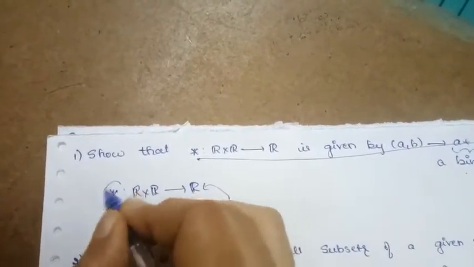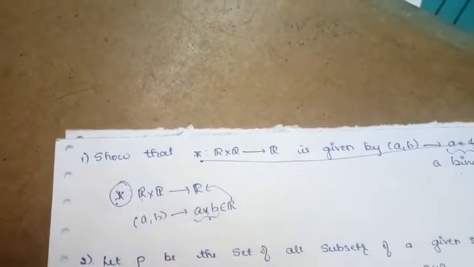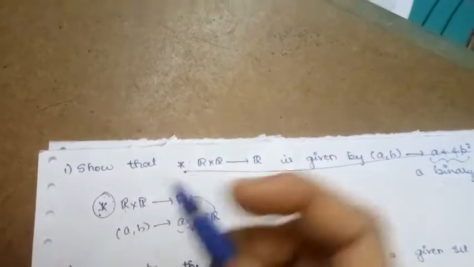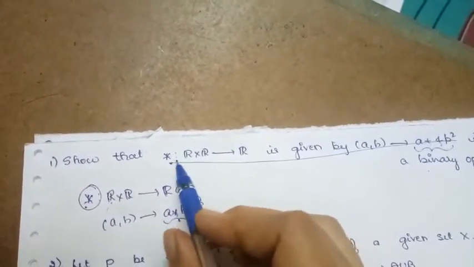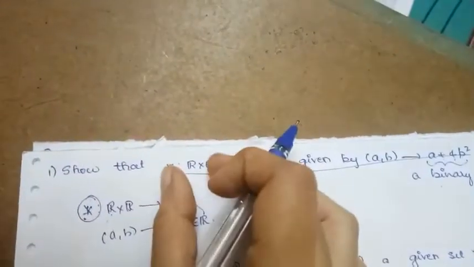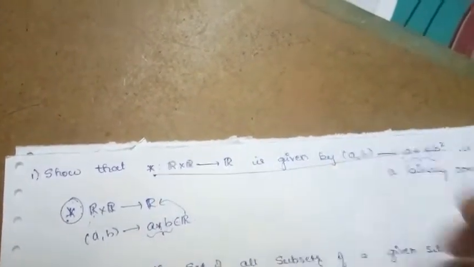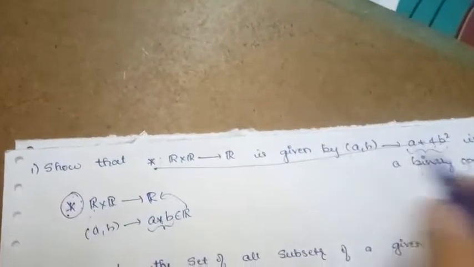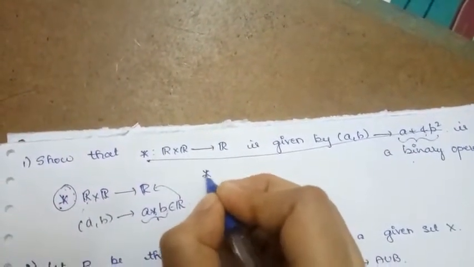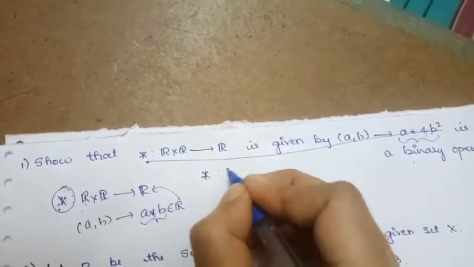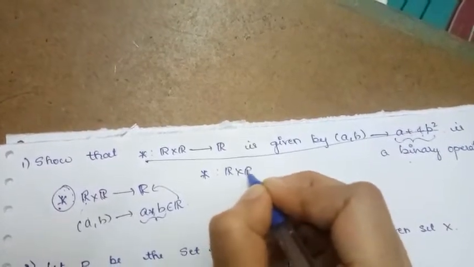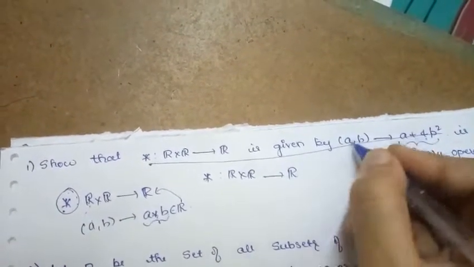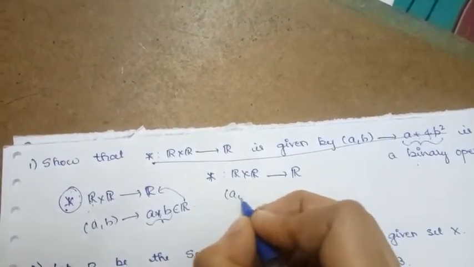Then star will be a binary operation. Similarly here, whatever elements we take, the resultant should belong to the set of real numbers. So what does that statement imply here? Star from R cross R to R is defined, and it is nothing but (a, b).